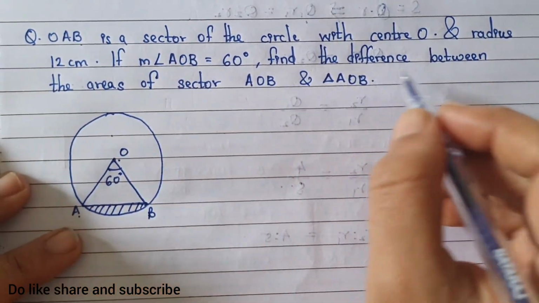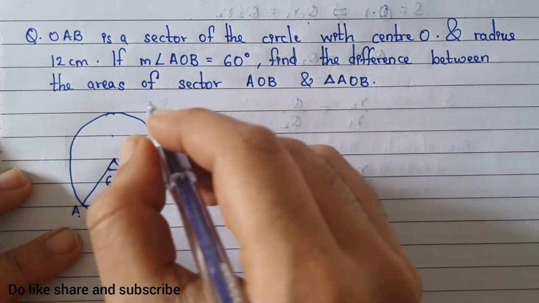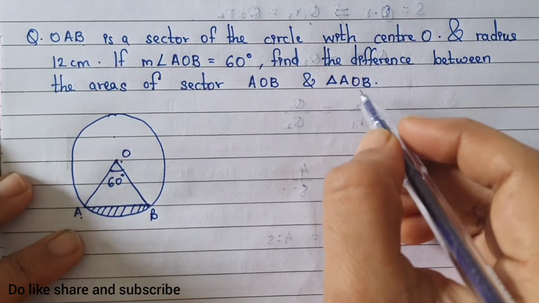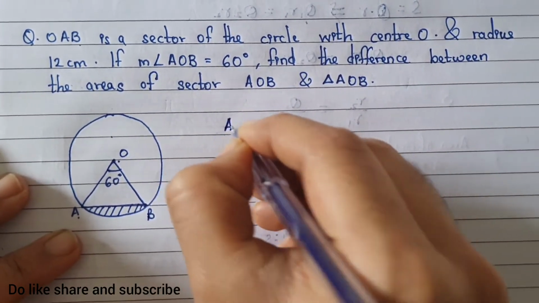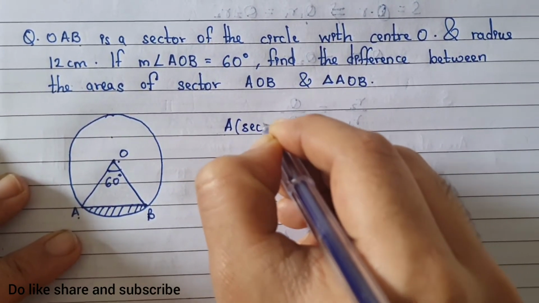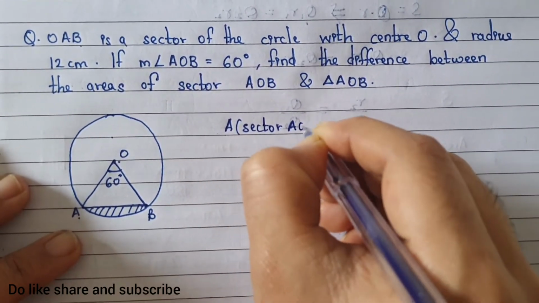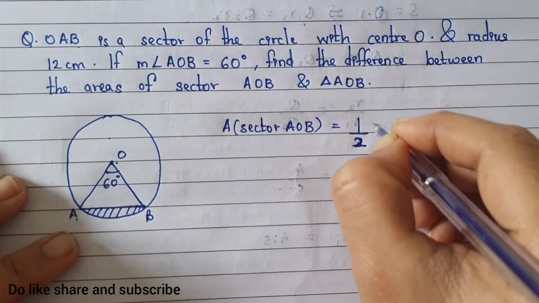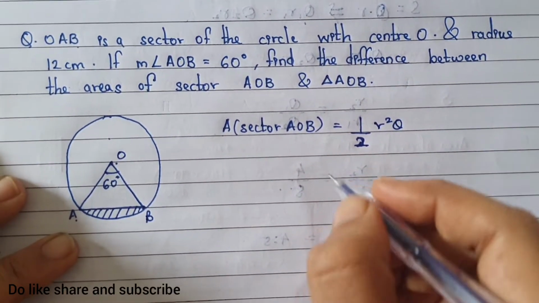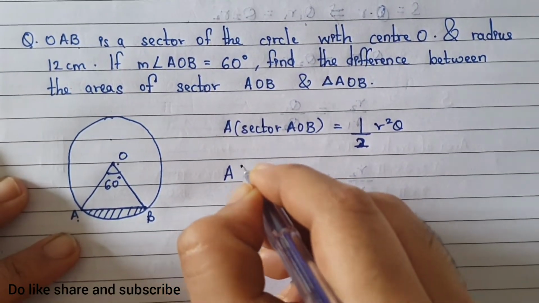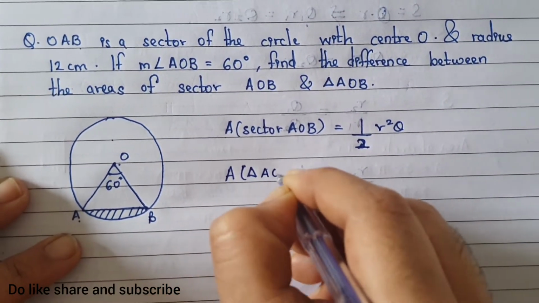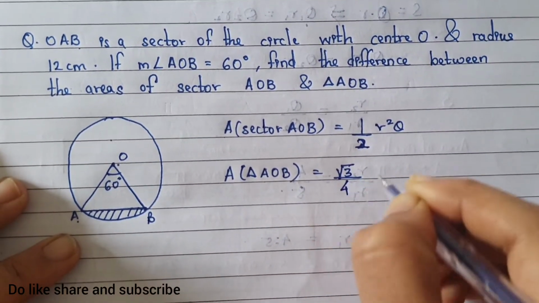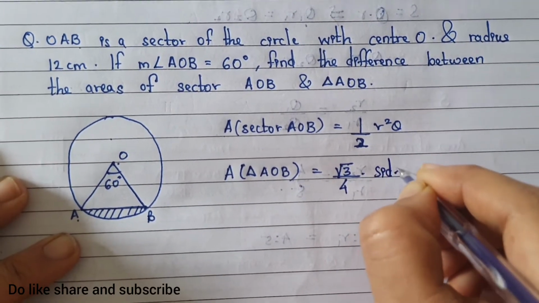Now here only the formula is needed: the difference between the area of sector AOB and the area of triangle AOB. So the area of the sector AOB is given by half r square theta, and the area of triangle AOB is equal to root 3 by 4 into side square.